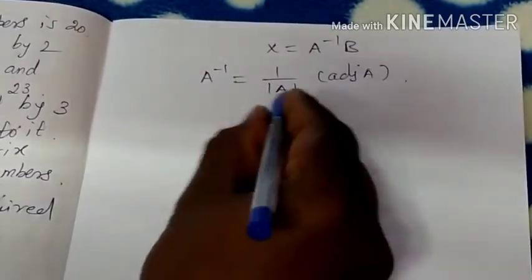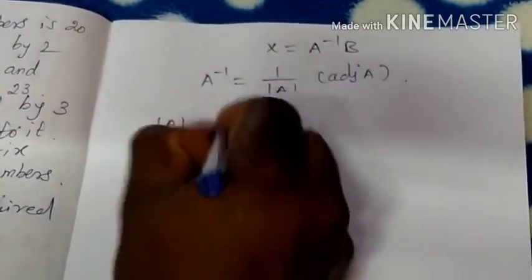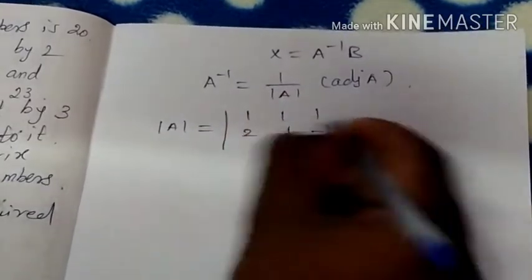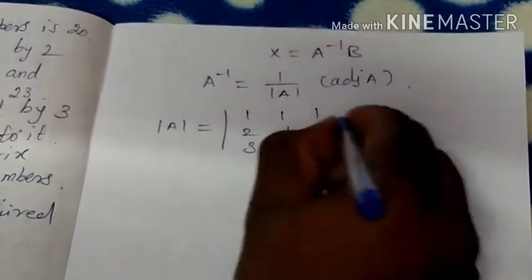Determinant of A: the A matrix is 1, 1, 1, 2, 1, minus 1, 3, 1, 1. Expand along R1.